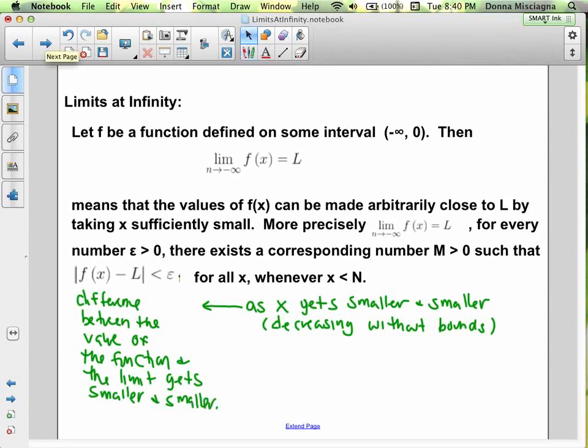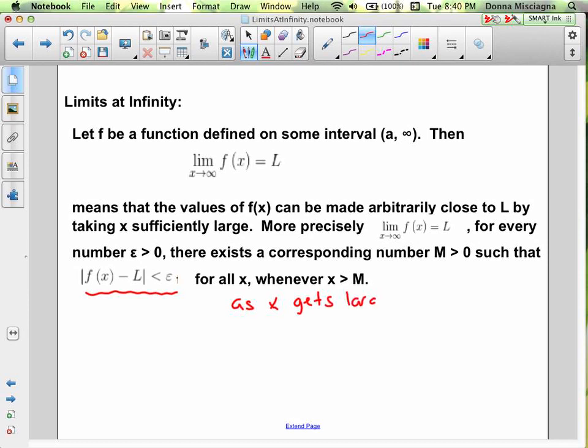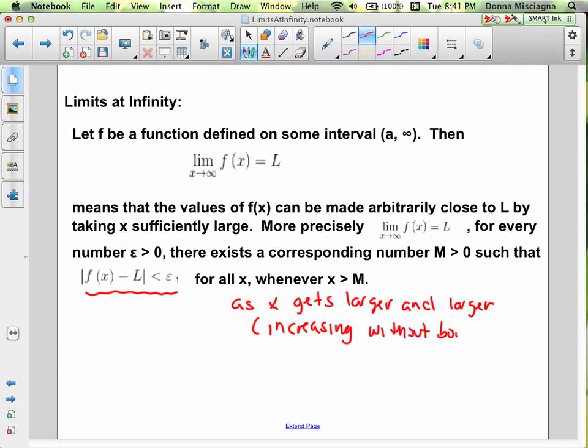Let's take a look at that, and you can pause if you need to, in reference to x approaching infinity. Here, as x gets larger and larger, and because x is increasing without bounds, it goes this way.